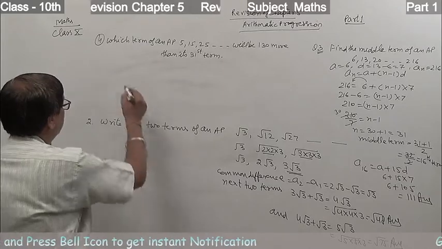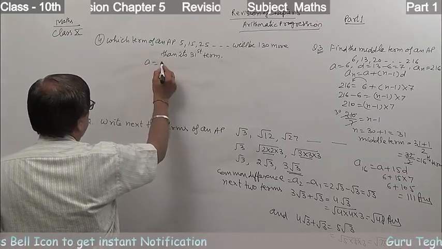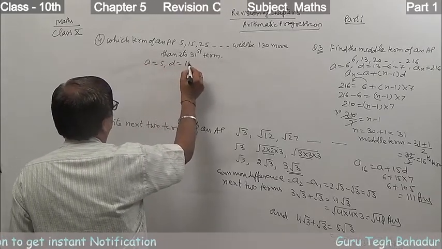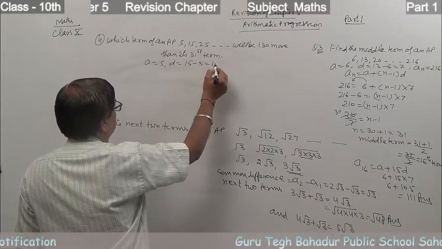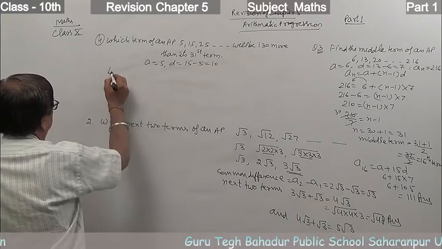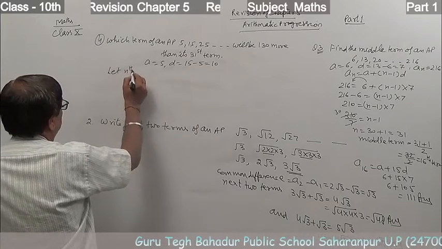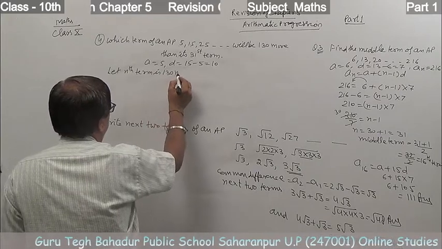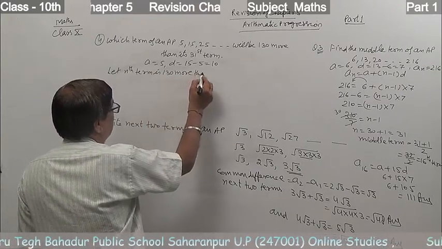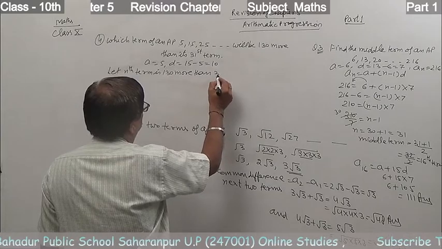Let a be 5, d is 15 minus 5, second term minus first term, that is 10. Let the nth term be 130 more than the 31st term.